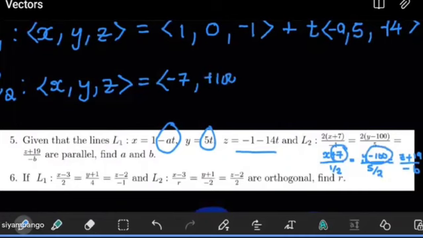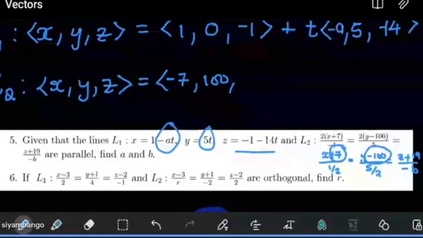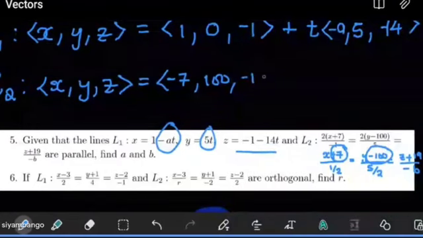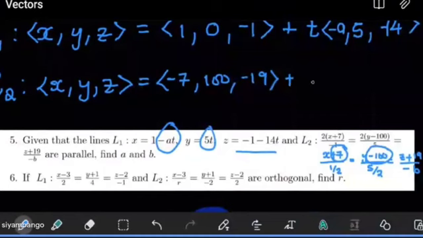No need for the plus. And then we have plus 19, we get minus 19. The parameter we'll pick here, we can go with n. But what will be the values here? Let's see what we get here.